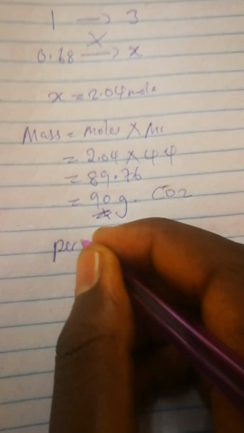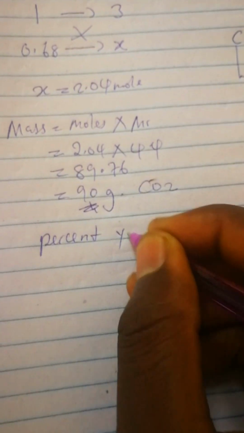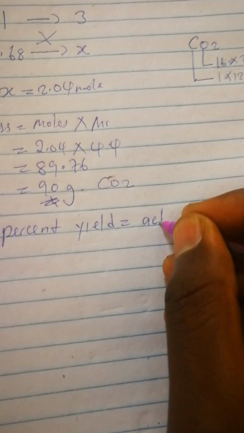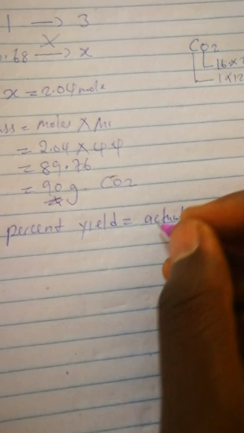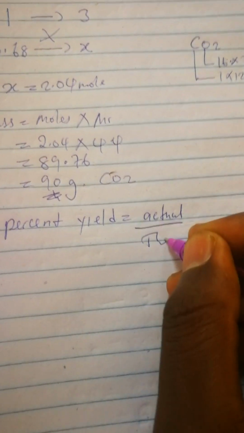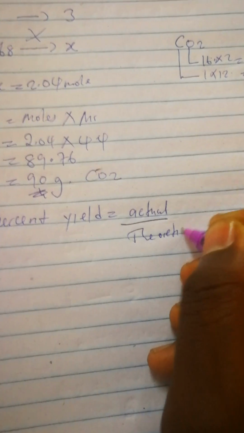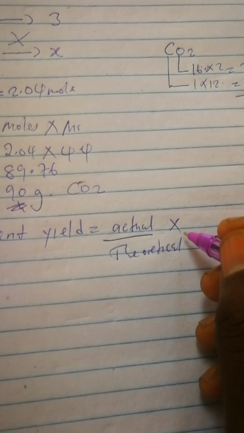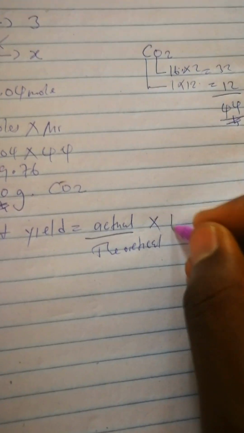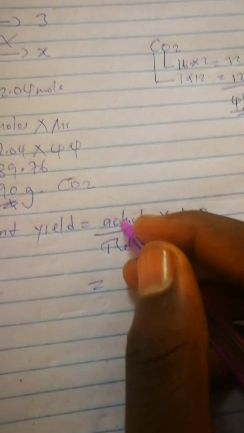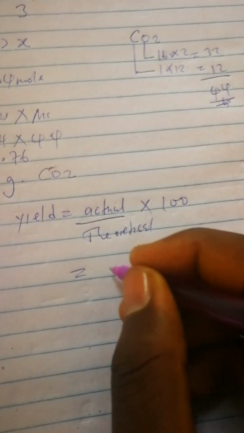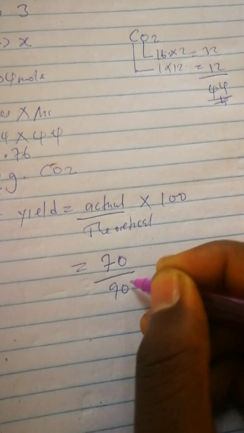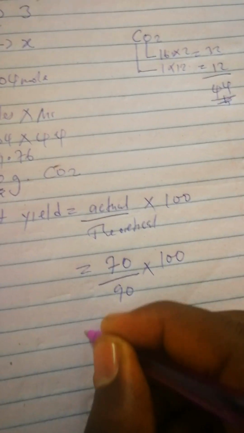Percent yield is equal to actual over theoretical times 100. The actual was 70, over theoretical, which is 90, times 100.